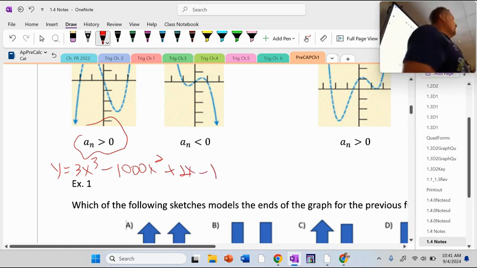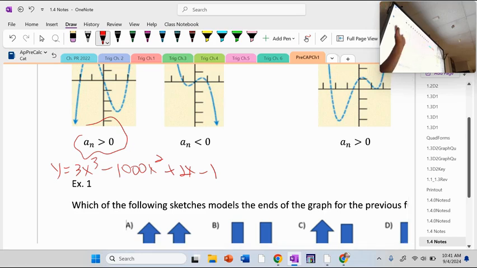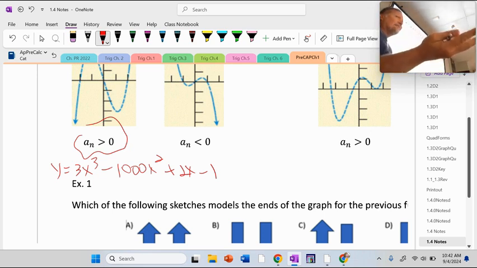I just wanted to. When I plug in large numbers, okay, let's say I plug in 1. If I plug in 1, that's just 1 cubed, and then 1 squared times this negative 1000 is the biggest, it's going to be a negative output. You should at least understand that, right? Right? If I plugged in 1 for x, just go like this. Okay. But then as I plug in bigger numbers, the cubing starts taking over.